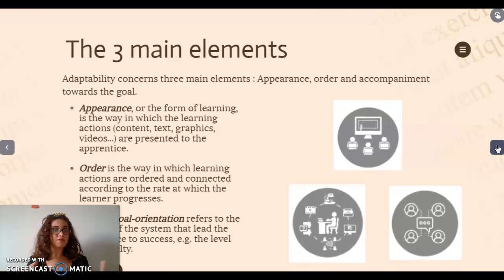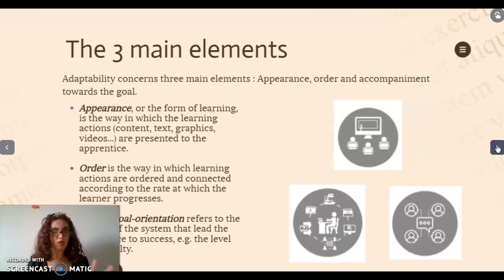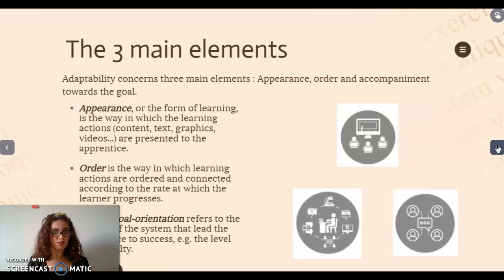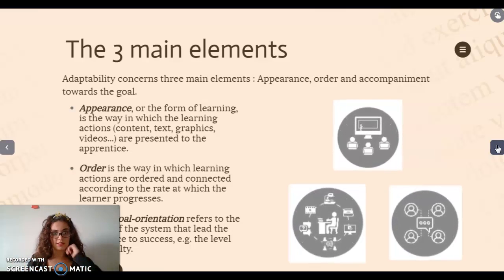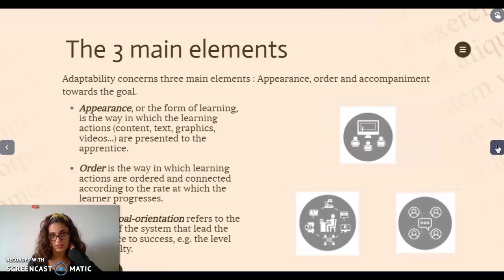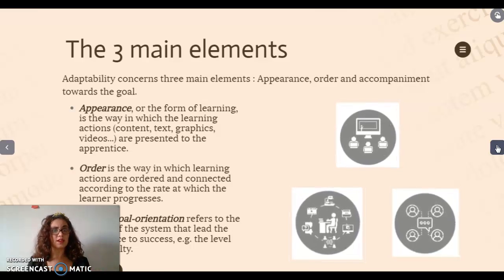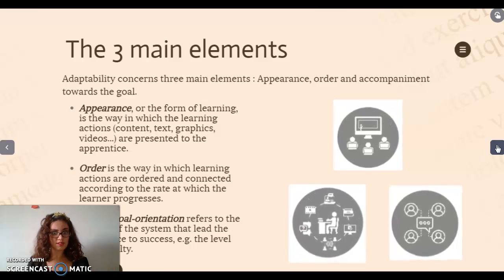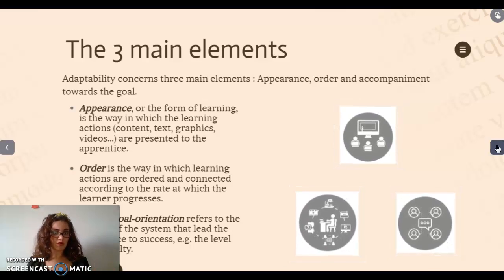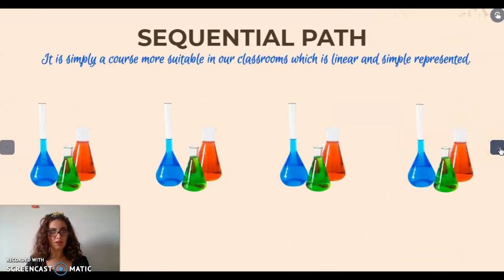Order is the way in which learning actions are ordered and connected according to the rate at which the learner progresses. And finally, goal orientation refers to the actions of the system that lead the apprentice to success, the level or difficulty.